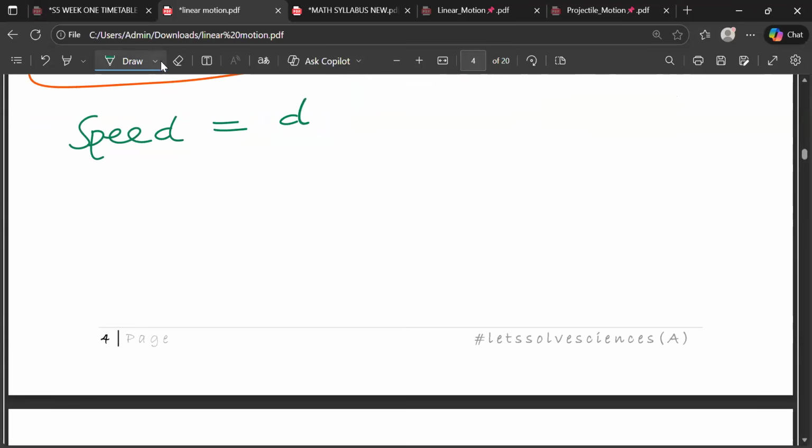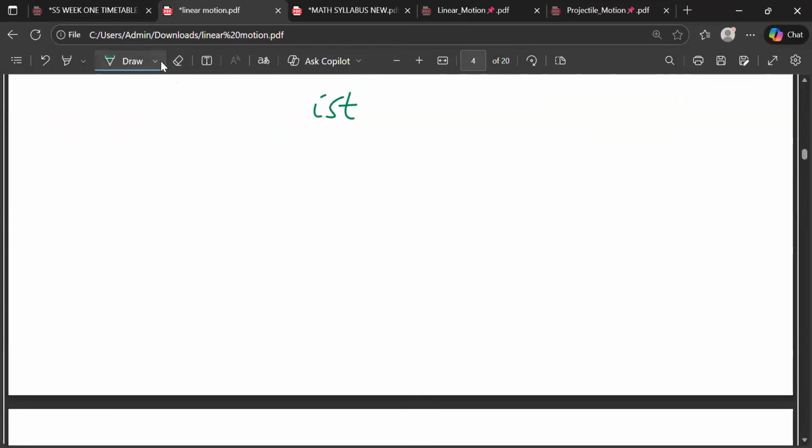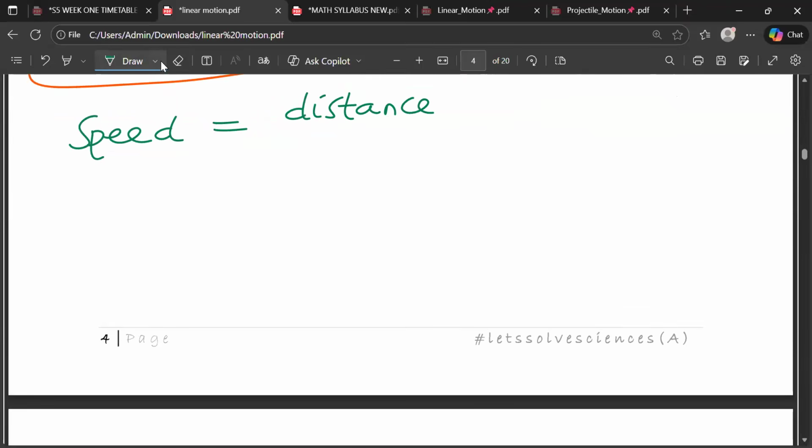Concerning speed, we said it is distance over time. I'm taking you to velocity, then we do average velocity and we shall be done. So speed is distance over what? Time.